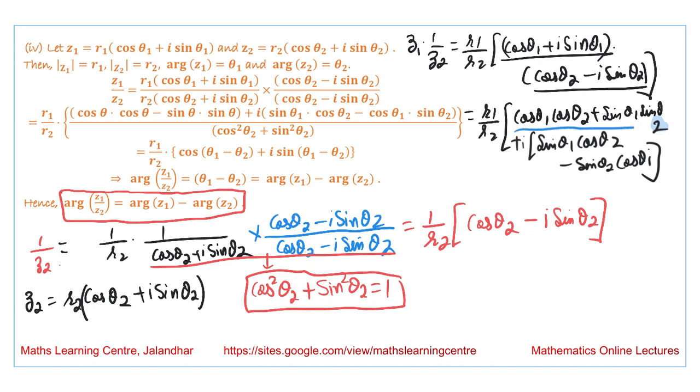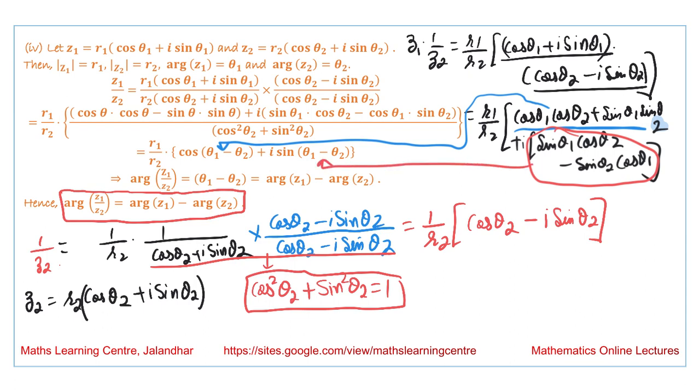This is the formula for cos of theta 1 minus theta 2, and this second term, sin theta 1 cos theta 2 minus sin theta 2 cos theta 1, is the formula for sin of theta 1 minus theta 2. So from both these results, what we get is that the argument of z1 by z2 is equal to theta 1 minus theta 2.